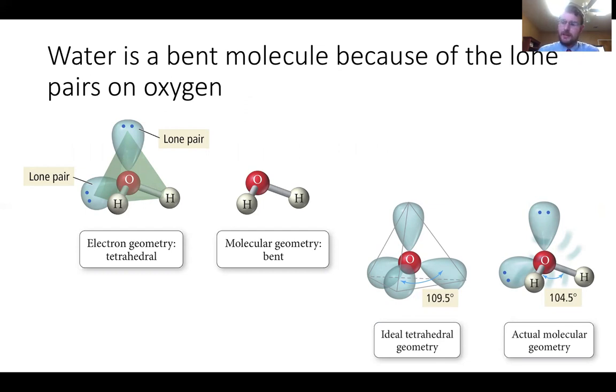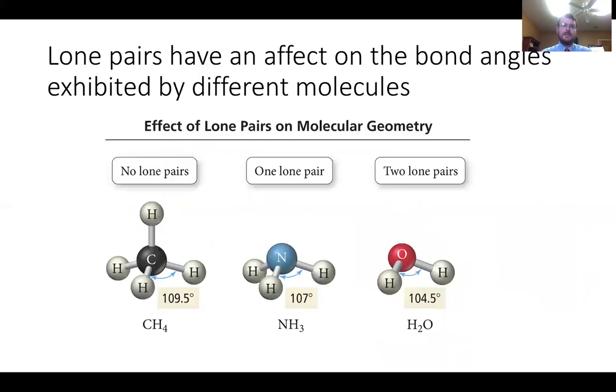Water is bent, and the reason is that there are two lone pairs. Not only is it bent, but the bond angle decreases to 104.5. And so let's go ahead and look at just these three things put together, and then we're going to look at molecular geometries and different things about them. So with no lone pairs, it's 109.5.